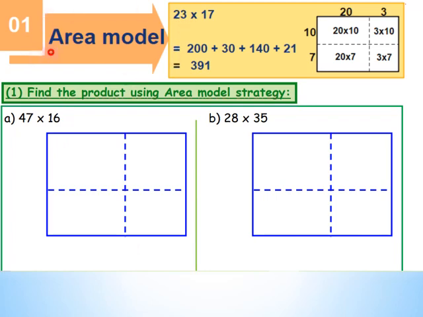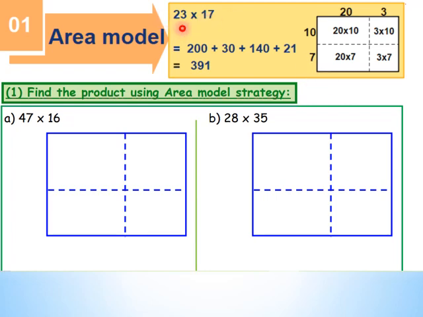Area model strategy. Using area model strategy to multiply a two-digit number by a two-digit number means that I'll make use of the rule of area of rectangle, which equals length by width. So I consider one factor as the length and the other factor as the width of one rectangle.